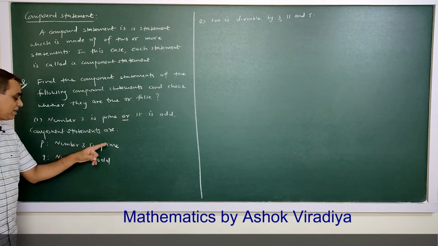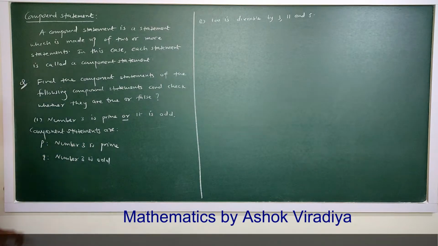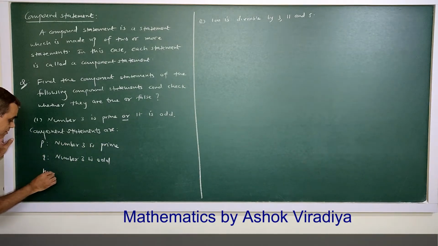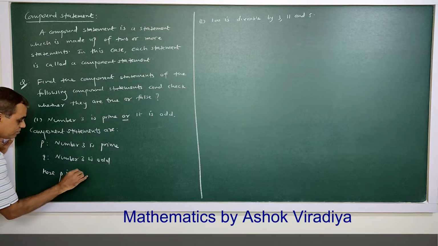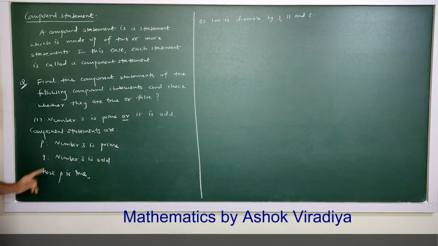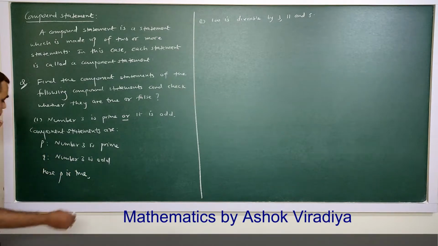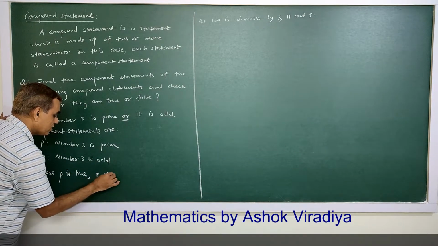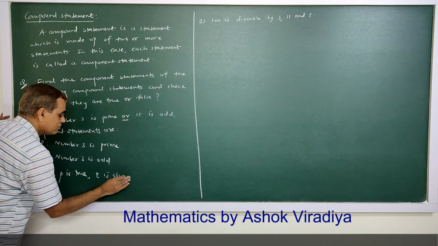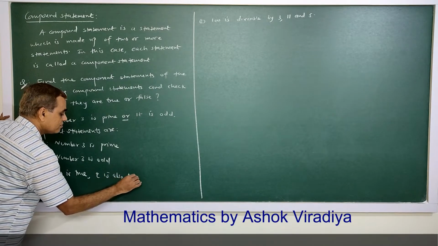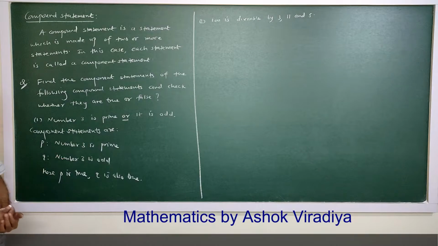This is number 3 is prime, this is number 3 is odd. So these are the component statements. Now check whether they are true or false. The first statement, number 3 is prime, is true. Here P is true. Number 3 is odd, Q is also true. Both P and Q are true.